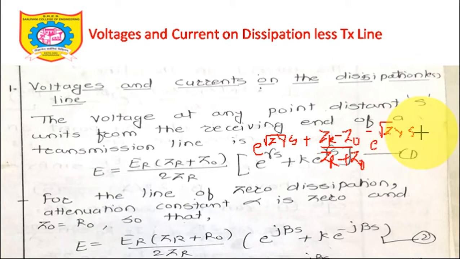I have just replaced root of zy by gamma, so it looks like e raised to gamma s plus k e raised to minus gamma s, and this k corresponds to the reflection coefficient.